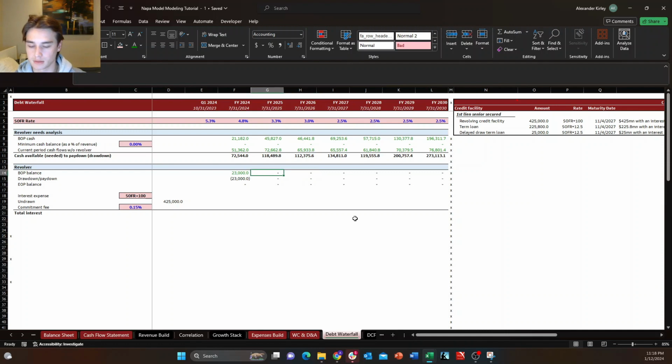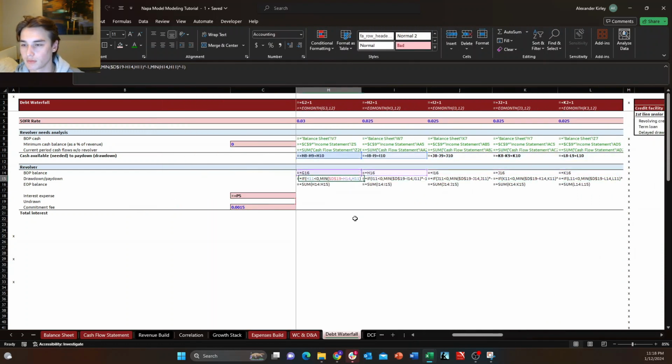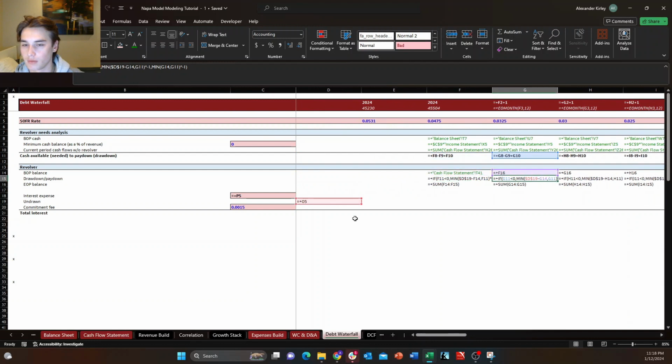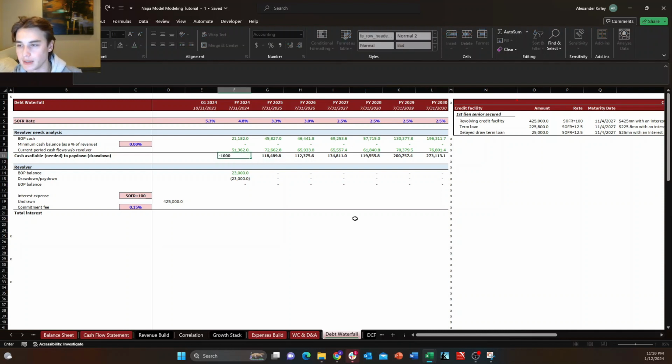Come in, write this, check to see if this is accurate. Yes, wonderful. Now from there, we can test this out. Let's say that the cash available is negative, we don't have any cash and we're in a cash deficit of $1 million.